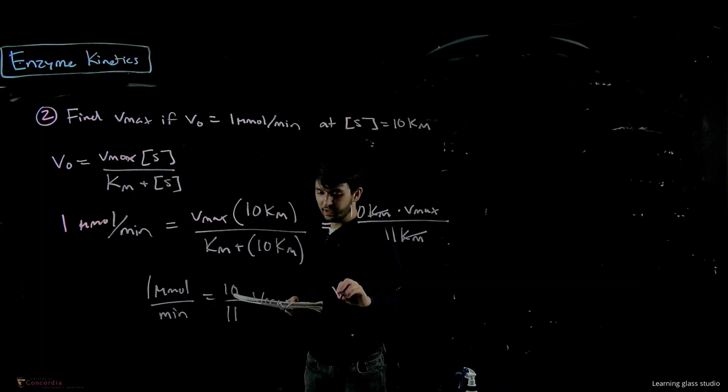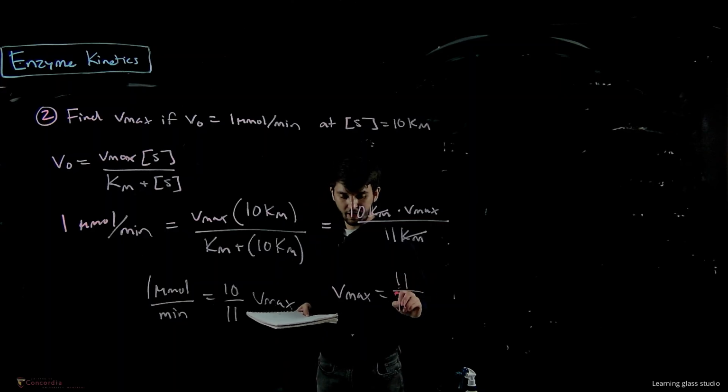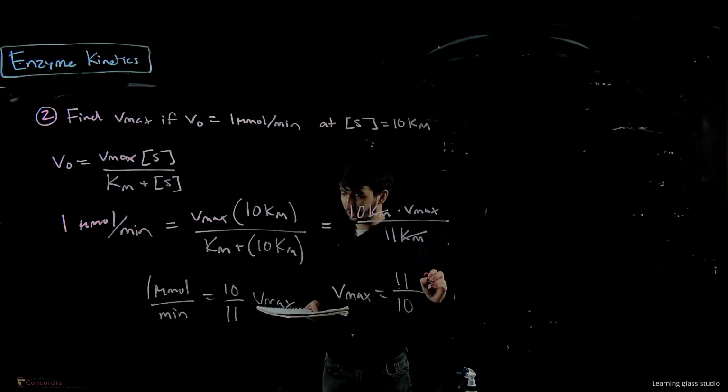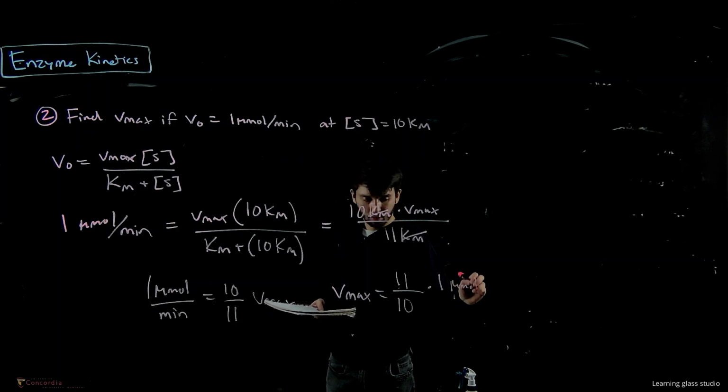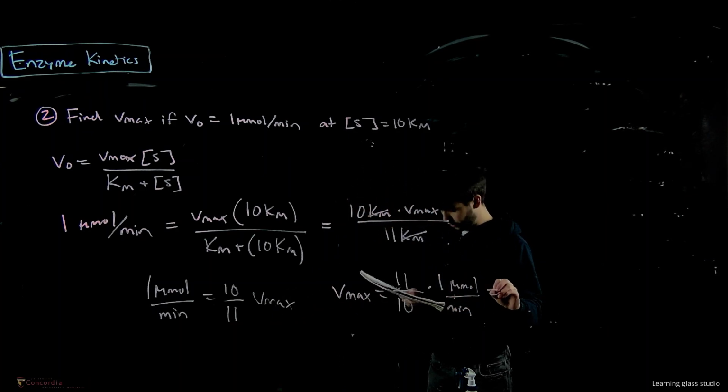Then we can find Vmax is equal to 11 over 10, multiplied by the reciprocal, times 1 micromole per minute, which is equal to 1.1 micromoles per minute.